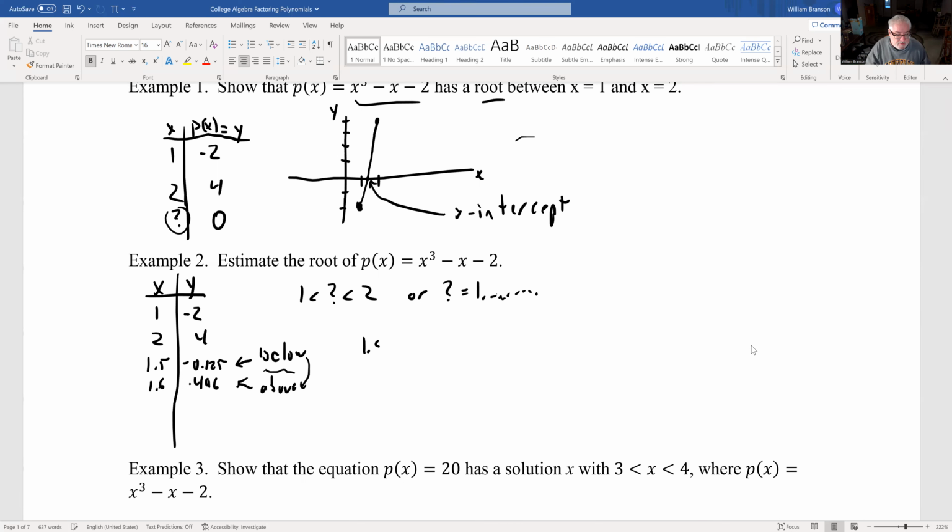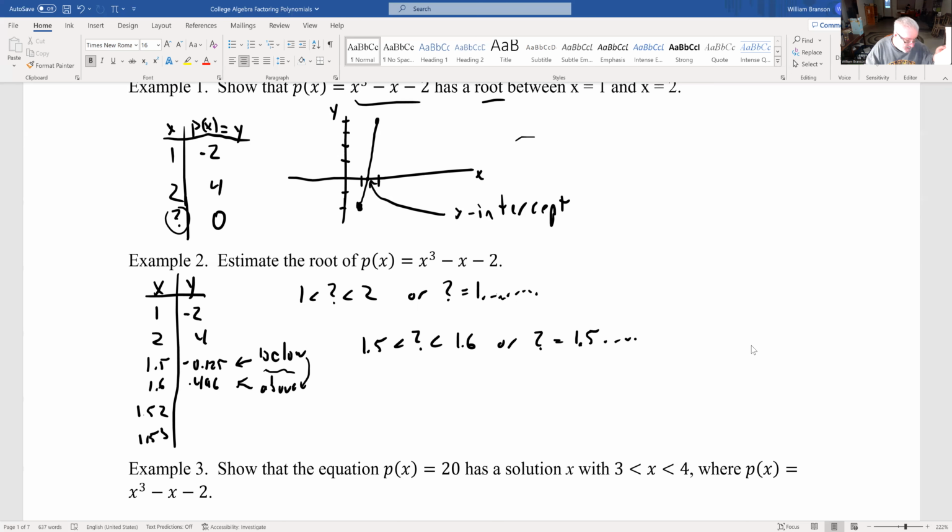So we know that our unknown number starts with 1.5 and then something, something, something. And you can keep going, right? You can always just plug in more and more numbers, 1.52 and 1.53.